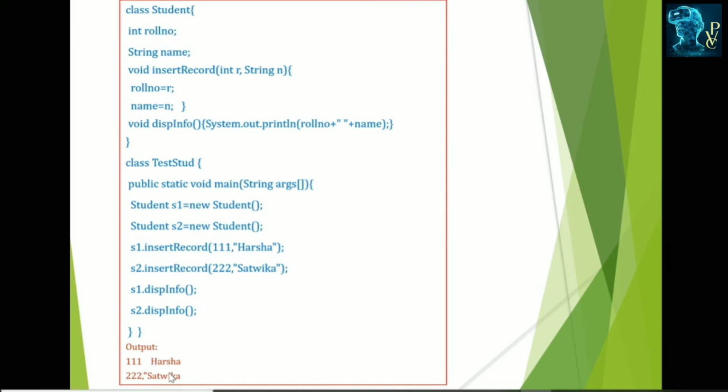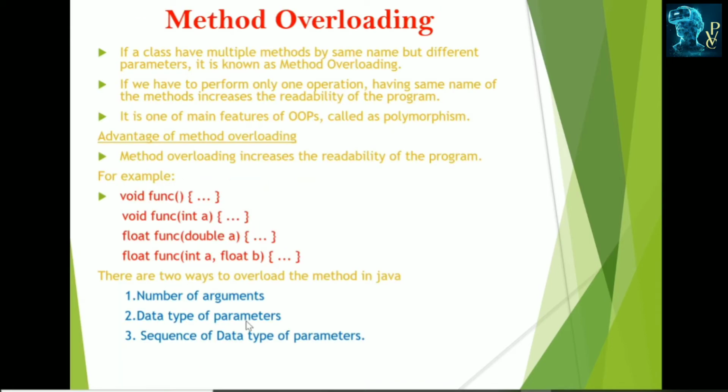Okay, next we learn about method overloading. In the last slides, we saw that one class can have any number of variables and any number of methods. But here is a new concept, the implementation of polymorphism: method overloading.